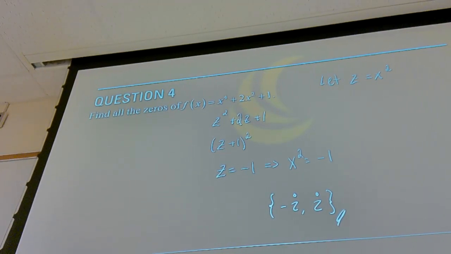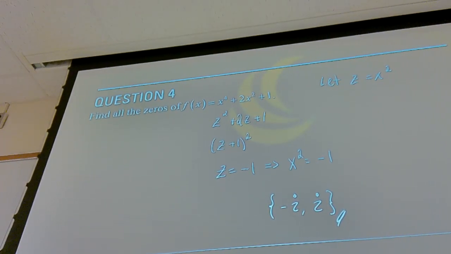So what was the purpose of that example? Look for an easier way. Don't always just default to the method we've been using. You should be able to easily recognize quadratic form. Another quadratic form, I could have done this. That's quadratic. Let z be x cubed.